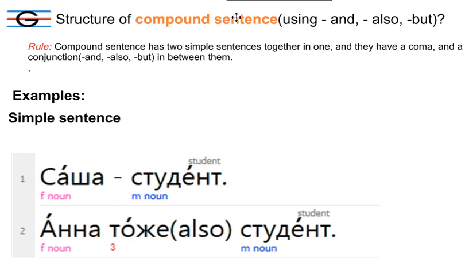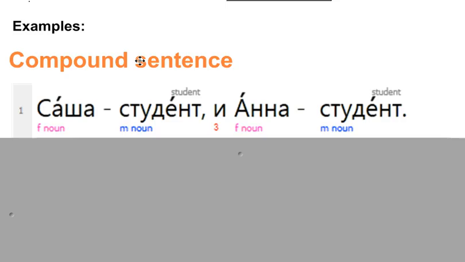So let's look at an example of a compound sentence, a more difficult sentence that has two simple sentences together in one. And they have a comma or a conjunction in between them. And a conjunction can be and, also, but, same as in English. English has compound sentences, and Russian also has compound sentences.